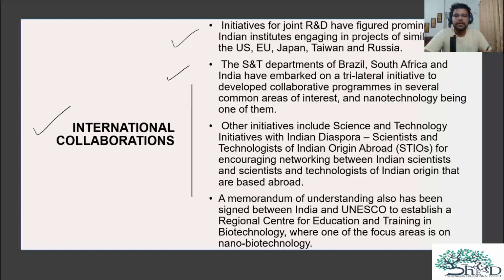All right, and nanotechnology is one of the fields which will be researched. Other initiatives like the Science and Technology Initiative with Indian diaspora is there. Scientists and technologists of Indian origin abroad. This will help in increasing the network across the world of Indians or people of Indian origin.